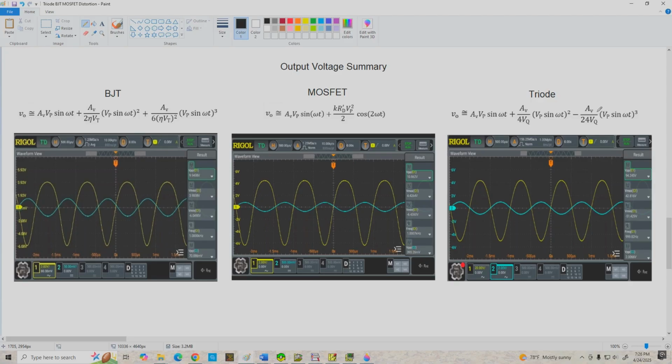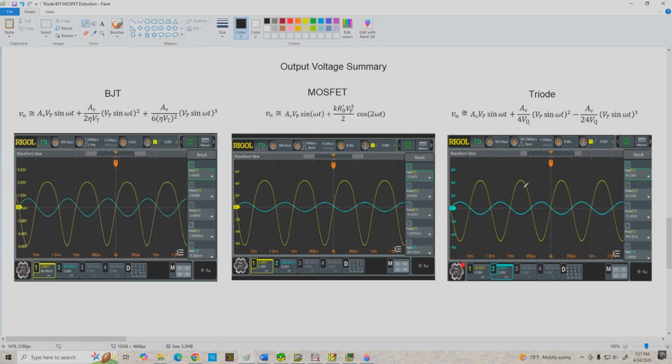The third harmonic here isn't even really that significant, but because it's got a negative sign, it does tend to compensate a bit for the second harmonic, and we get a pretty clean output here. It worked out to be about 1.5% or so for the ideal case.